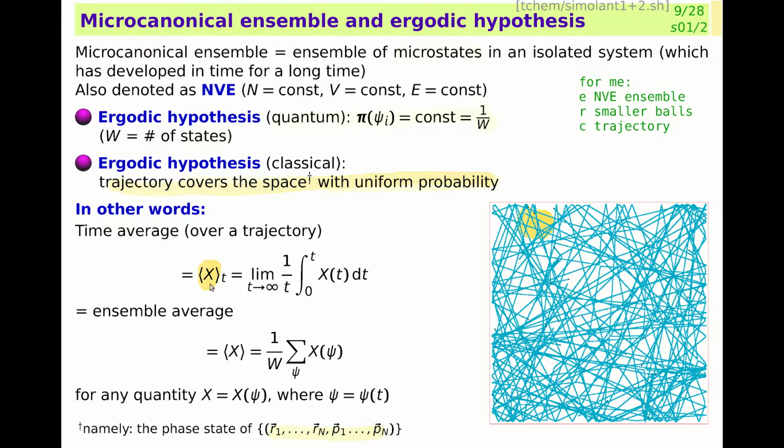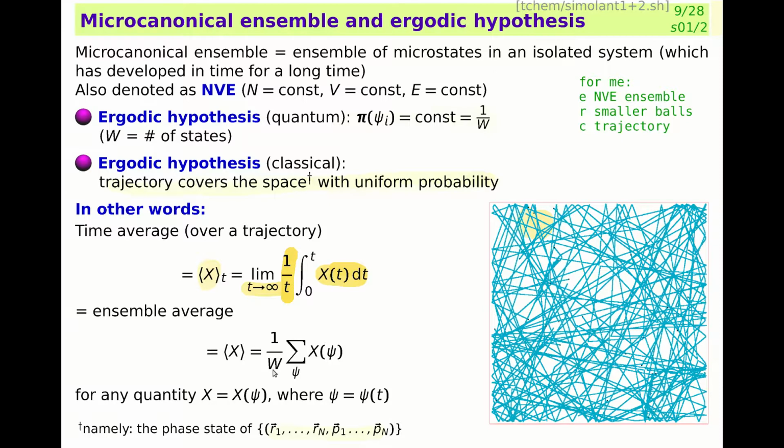If I take a time average over a trajectory and I take the limit of long times, that is, I integrate this quantity over time and divide it by the time, I'll get the same as this ensemble average.